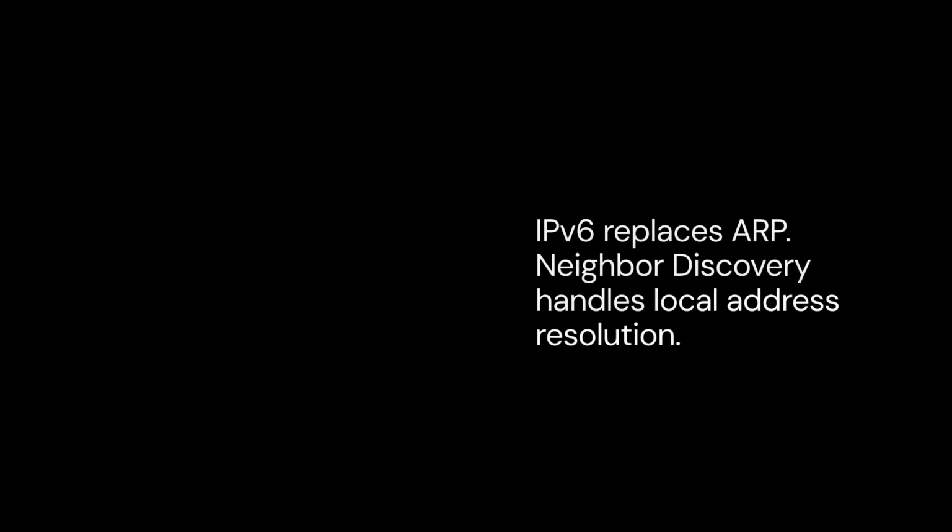Before we wrap up, there are a few related IPv6 ideas that connect directly to addressing and show up often in study materials. First, IPv6 does not use ARP the way IPv4 does. Neighbor discovery takes over that job. Second, IPv6 does not use broadcast. Instead, it relies on multicast to reach groups of interested devices.